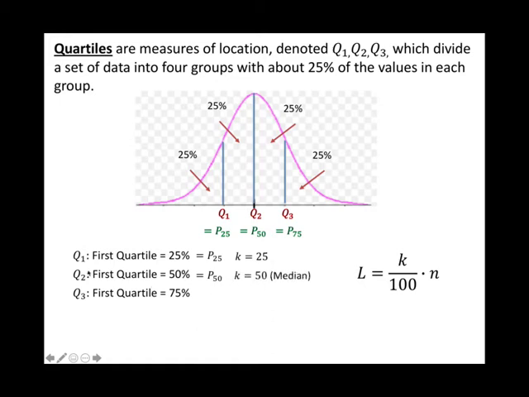And again, Q2 is equivalent to the median. Remember when you learned how to find the mean and median in section 3.1? This is exactly the same procedure to find Q2 also. Okay, Q3 will be equivalent to P75, so K equals 75.